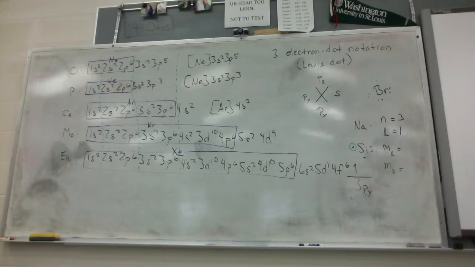Therefore, this is a 0, and the m sub s is an arrow pointing up, +1/2. There you go. There are the 4 quantum numbers for that electron. Now that's putting things together, isn't it? How did you get n? It's in the 3rd energy level.